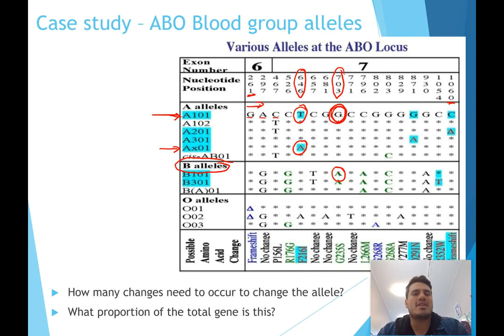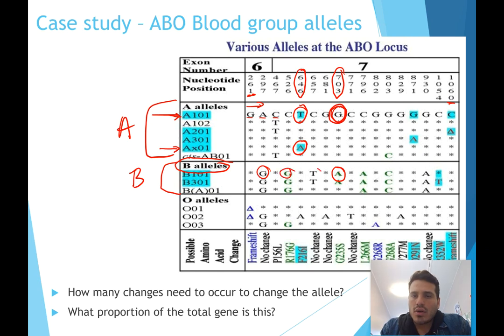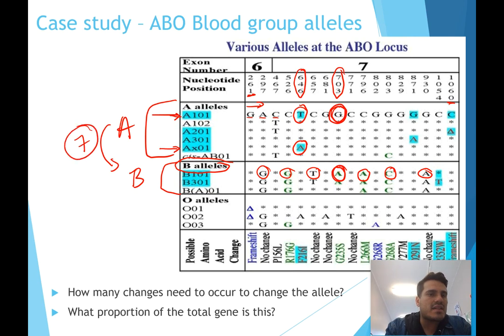So how many changes actually need to happen to change the marker? If all of these are the A marker and we wanted to change to the B marker, let's have a look. We had to change 1, 2, 3, 4, 5, 6, 7 here. So to go from A to B, you need at least 7 changes in your nitrogenous bases.